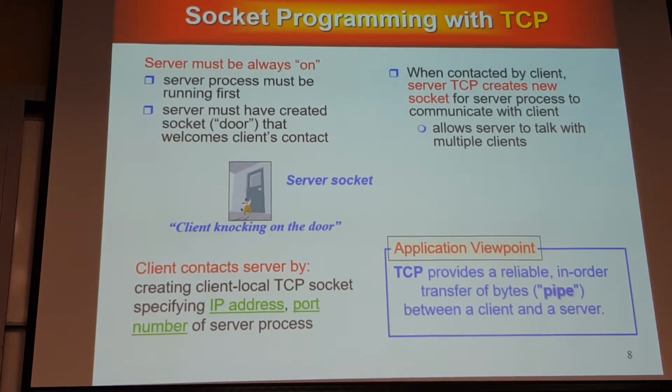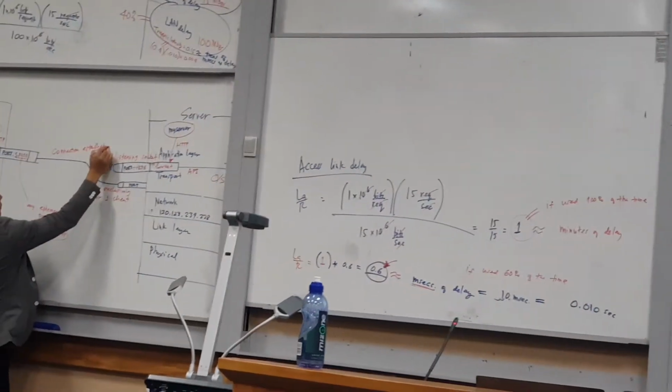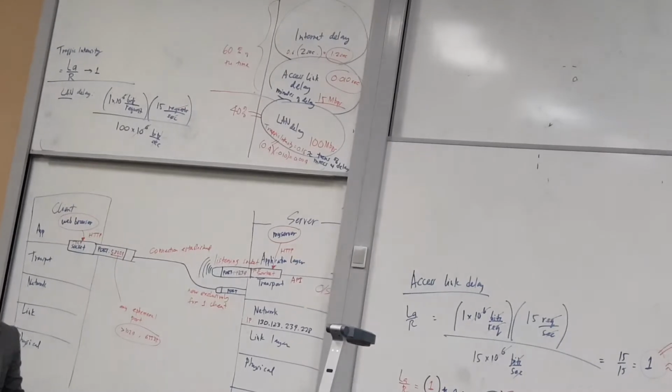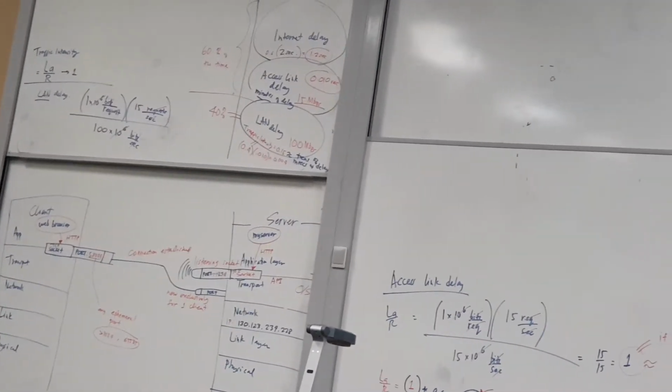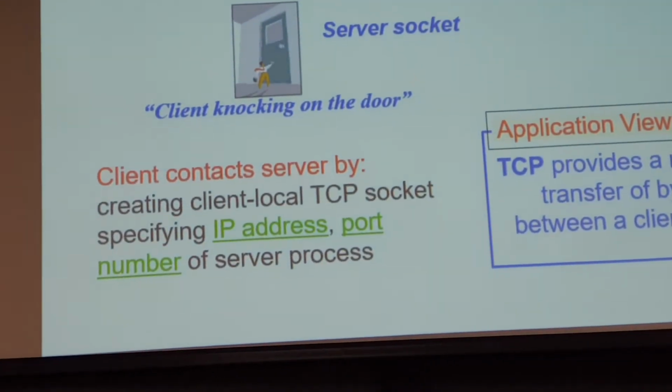And what we also want to remember is that once the connection has been established, it is as if there's a pipe between the two distributed applications. Why do you want to think about it like that?